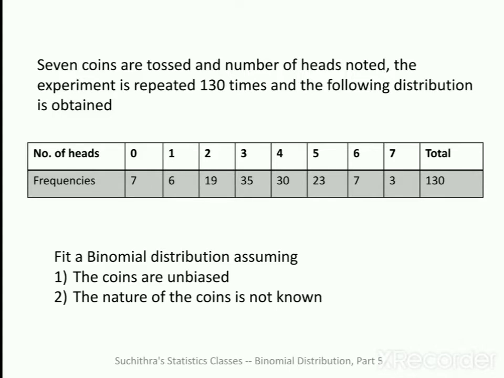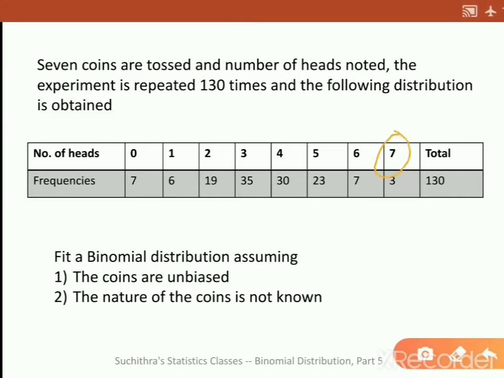The coins are unbiased. In this table we have number of heads 0 to 7. So we know that n is 7, and the total frequency is 130, so capital N is 130.